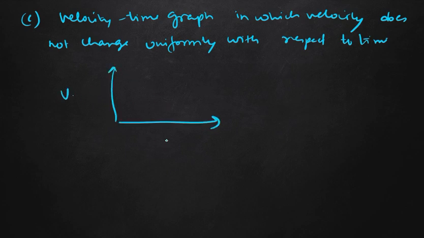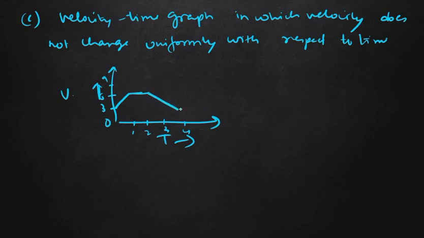It is velocity and it is time. Suppose the velocities are 0, 3, 6, 9 and the times 1, 2, 3, 4, like this. Suppose for 1 second the velocity increases, and for the next 1 second the velocity is fixed, and again at the next step the velocity is decreasing.